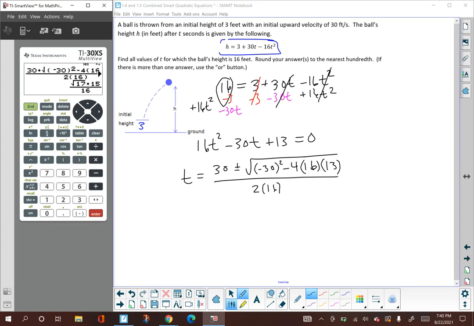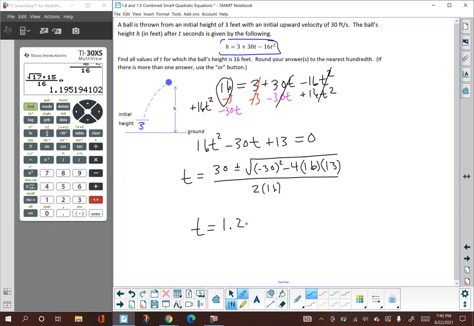Okay, so our first answer in decimal form is 1.195. So if I'm rounding to the nearest hundredth, that would be 1.20 seconds. Oh, good handwriting. And then our other answer, I would not try to edit this version.